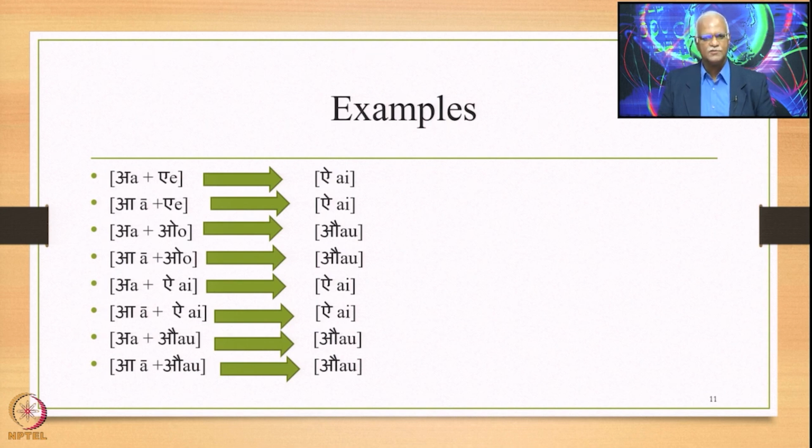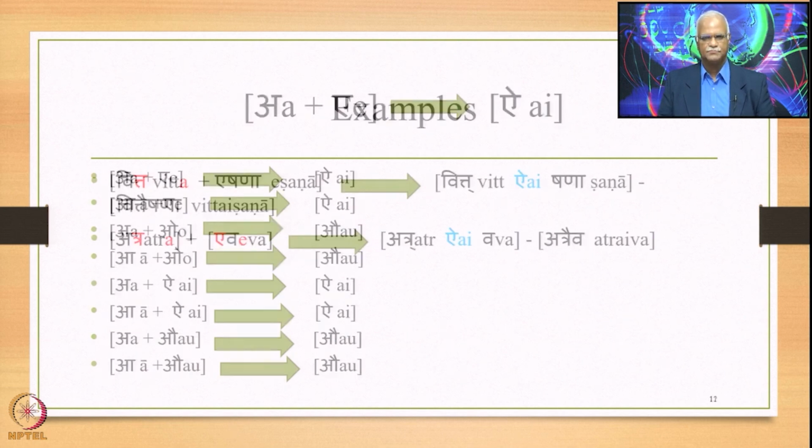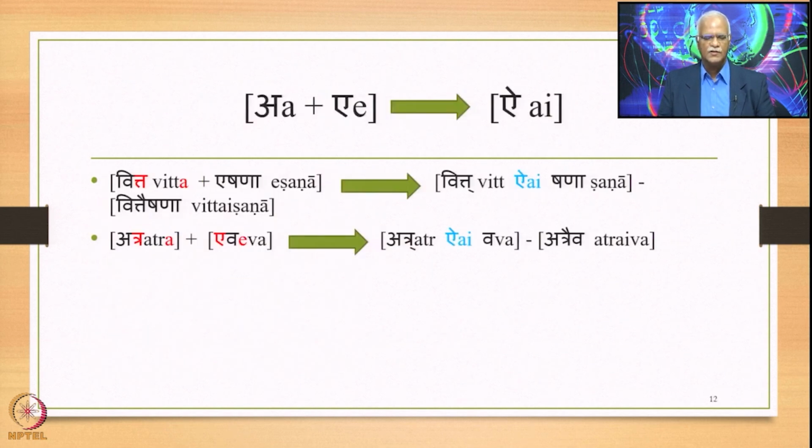Let us look at the specific concrete examples which illustrate these templates. First, let us see the example where A plus E is the input, 6188 applies and the output generated is AI. So first we have vitta plus eshana.